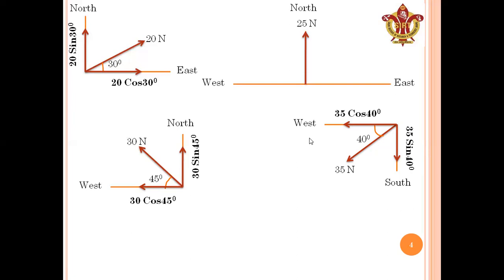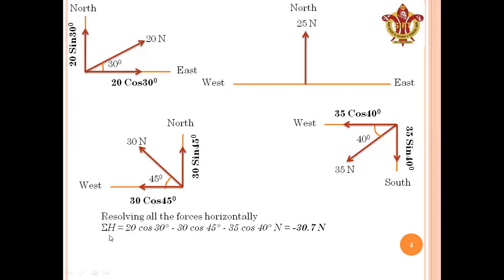All forces are resolved, and we have to calculate the resultant force. For calculating the resultant force, we have to calculate the algebraic sum of all horizontal forces and all vertical forces along with the direction.